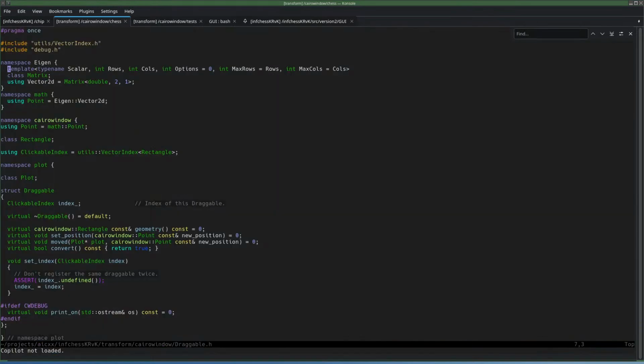So that's not how you do it. Cannot have the forward. Sorry, cannot have the default.